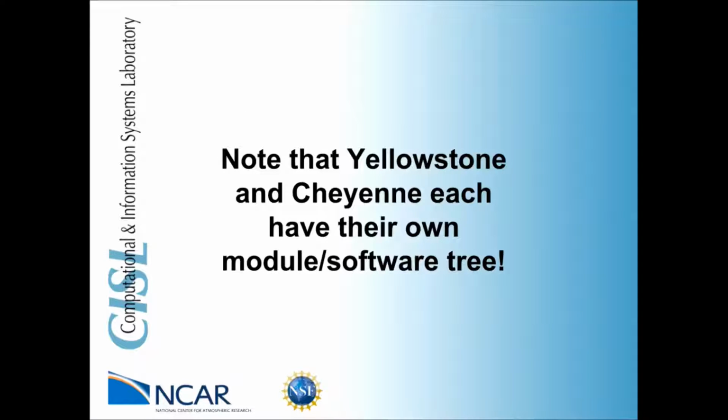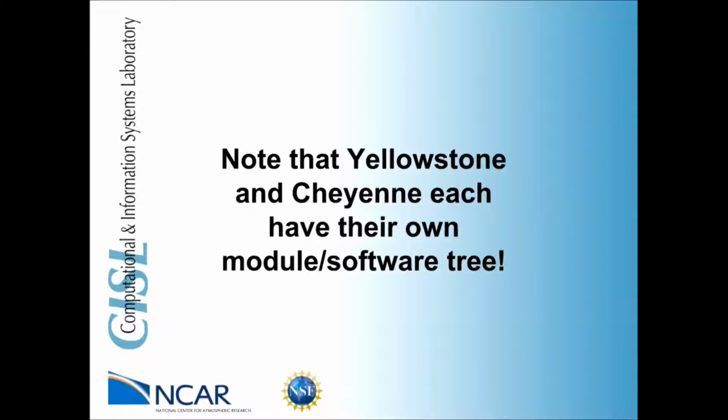Now, one thing to note is that Yellowstone and Cheyenne each have their own module software tree. So when you do a module available list of all the modules, they will be different on Yellowstone and Cheyenne. We've built all these software packages over again for Cheyenne, and it's not a comprehensive list yet, of course.